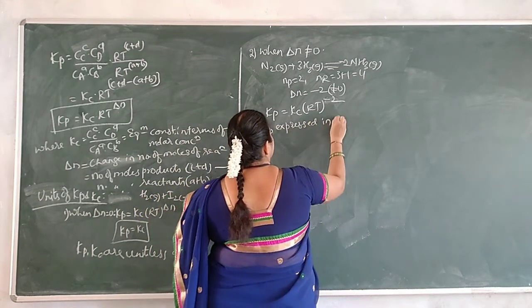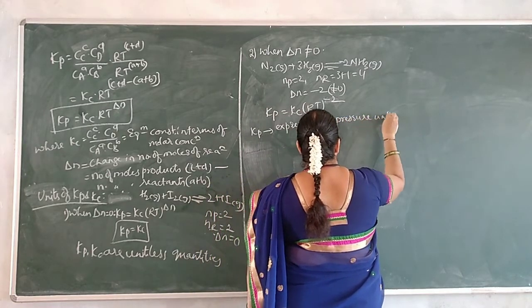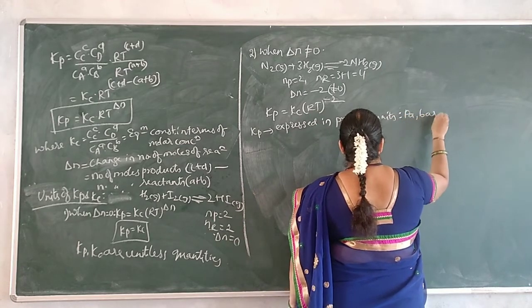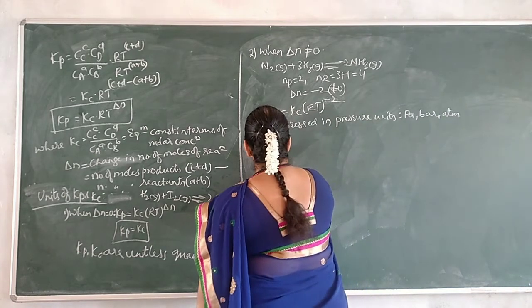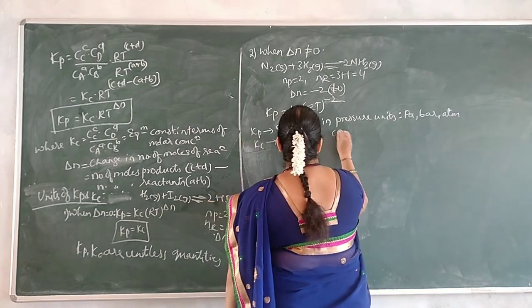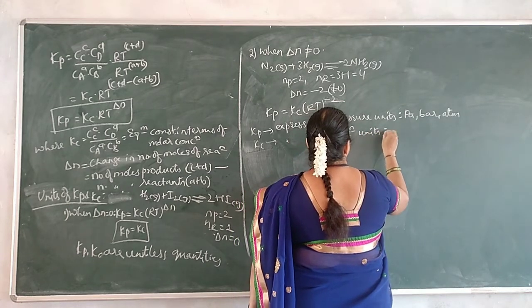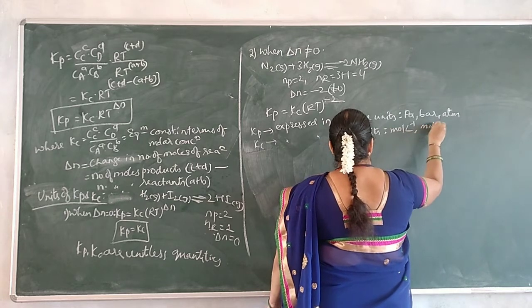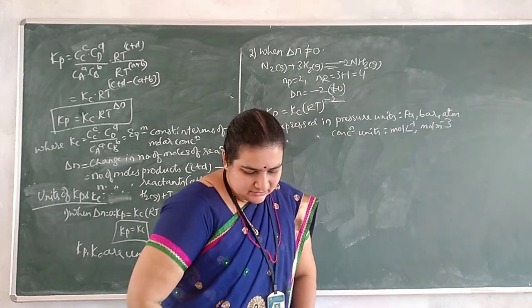Kp is expressed in pressure units, that is Pascal or bar or atmosphere. Similarly, Kc is expressed in concentration units, that is moles per liter or moles per meter cube.